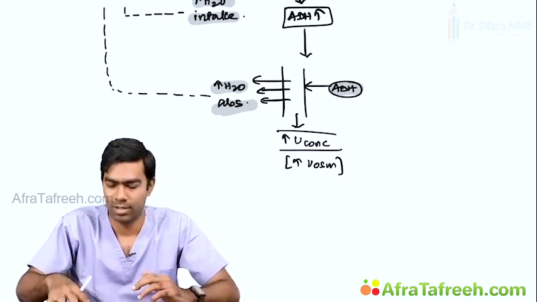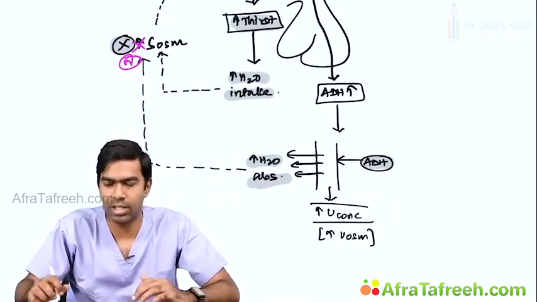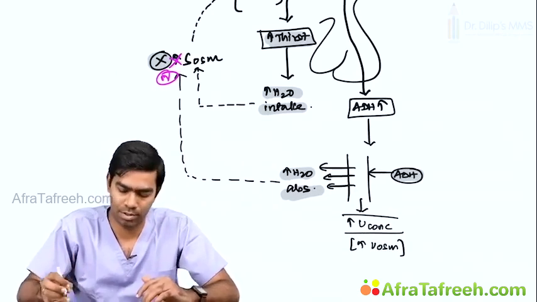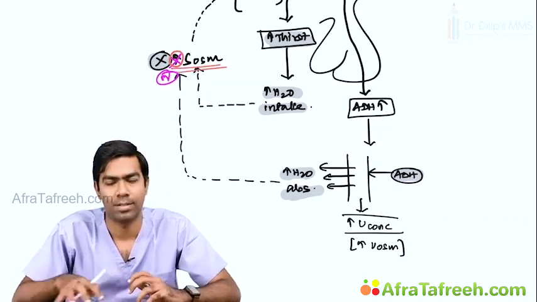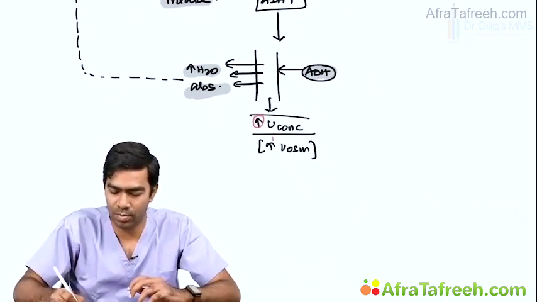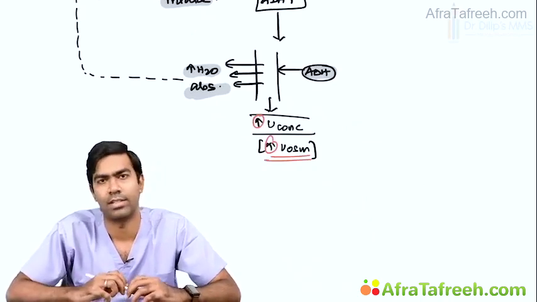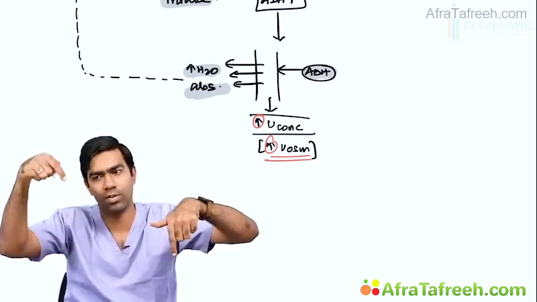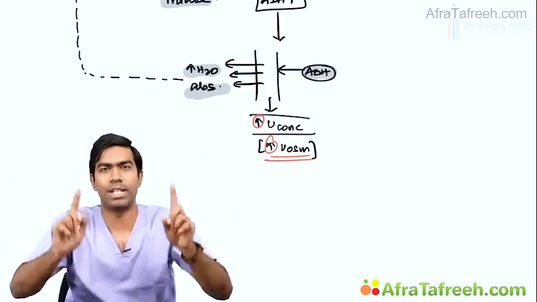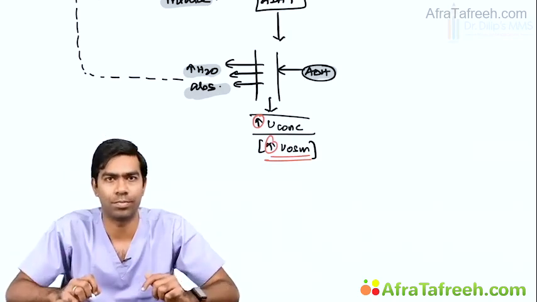Simple. But understand there is one important relationship here. Whenever the serum osmolarity is increased, the urine osmolarity is also increasing, so both arrows are moving in the same direction. If serum osmolarity decreases, urine osmolarity also decreases, which means there is a linear relationship between these two.